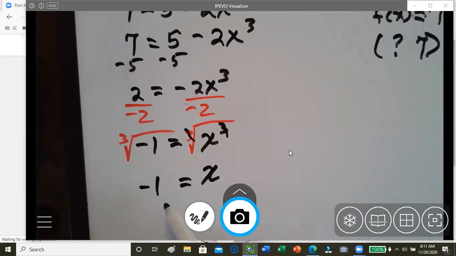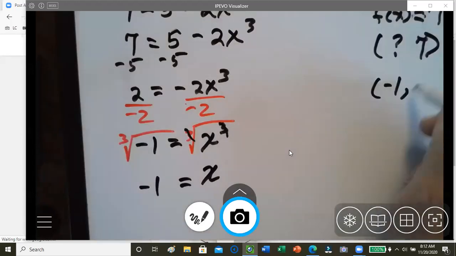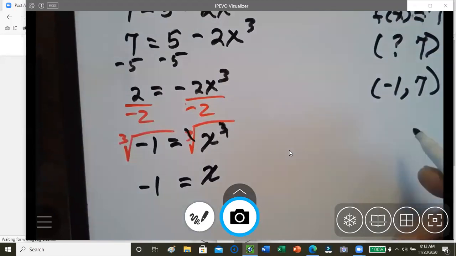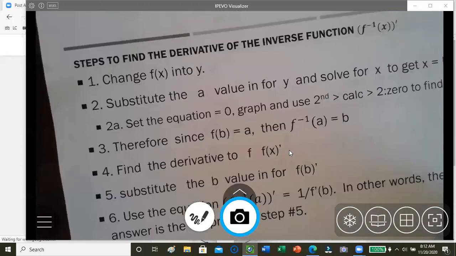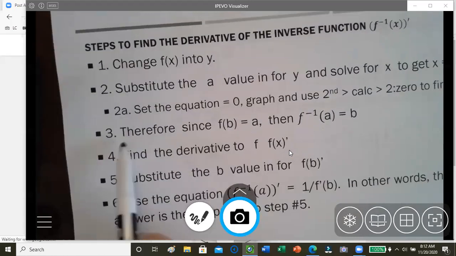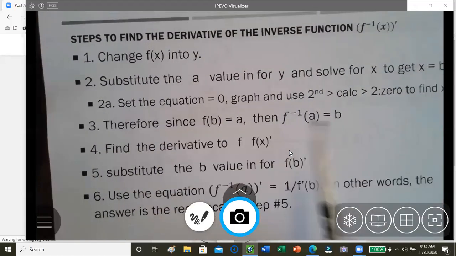So from that, now we have our x value, right? Now we have negative 1, 7. So we found our x. We don't need to apply the calculator because we were able to solve it directly.